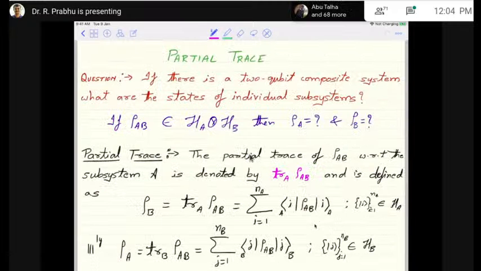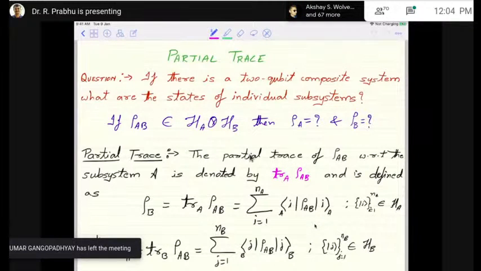Now let us ask a question. Till now, I was having a 2-qubit system, so 2 particles were there. I know the state of those 2 particles, and I was creating a composite system. But now I have an experimental setup in which I am generating a 2-qubit system.